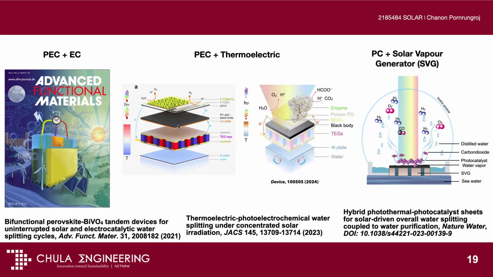But in this case, because instead of making electricity we do a chemical reaction, we need electrolyte in the front. So here I designed a device that has a front part with the electrolytes flowing, so that we can control the temperature. That front part is the hot part, and the back part is the cold part.